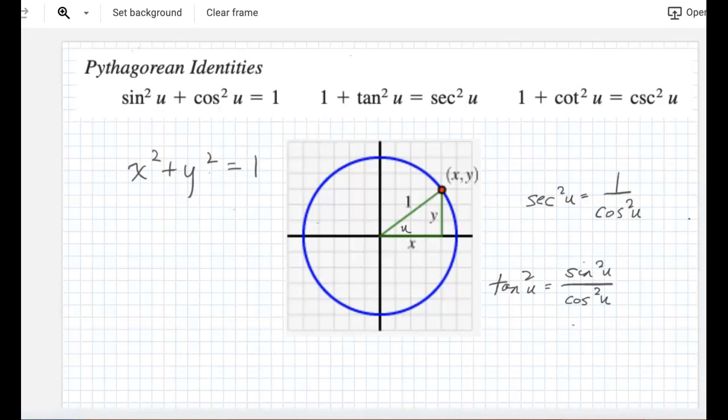So, really, if I switched up the order here, we'd have x squared, y squared. I mean, that's the same thing though, right? Because on the unit circle, x here is cosine of u, and y is sine of u.